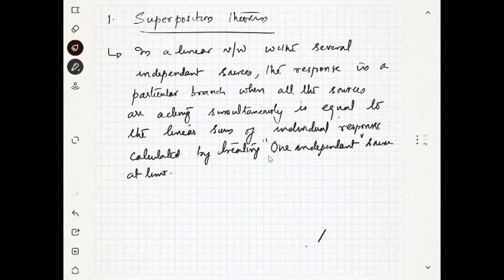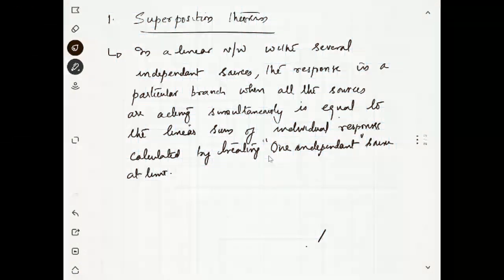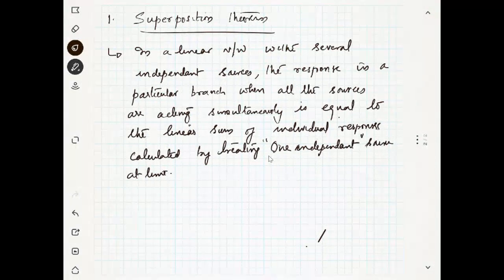Okay, so in this case, you have a lot of independent sources acting together, and you want to find the total response of the system, or total current or total voltage across a branch. In such a case, you can use the superposition theorem to solve it in a very simple manner.